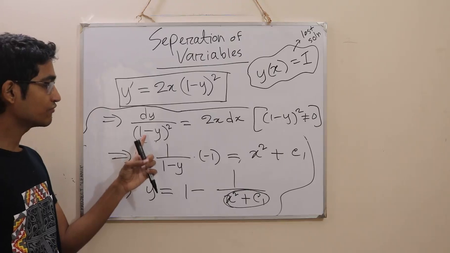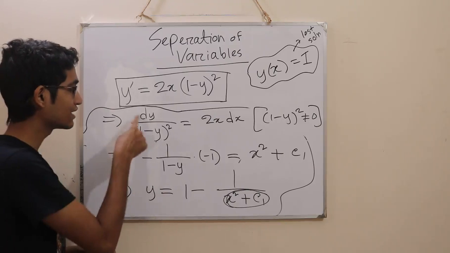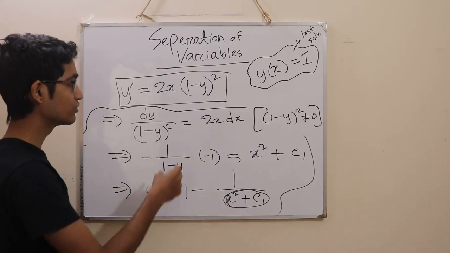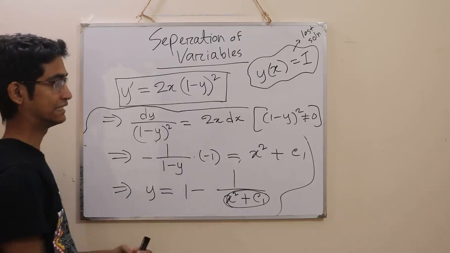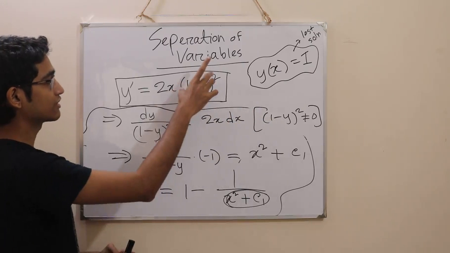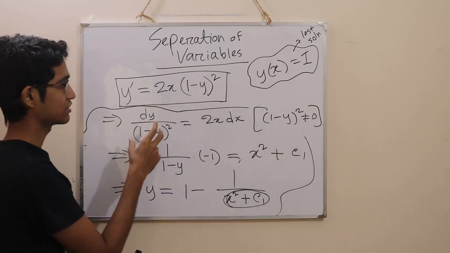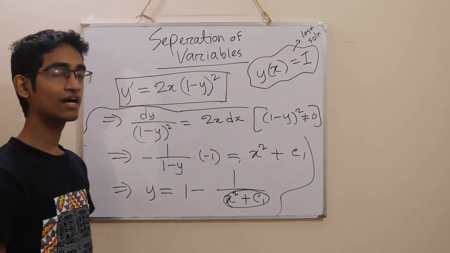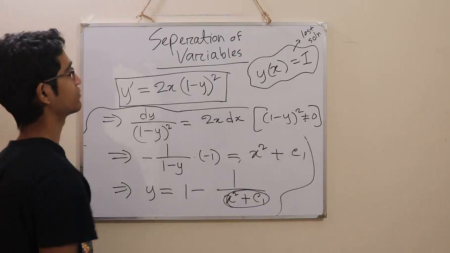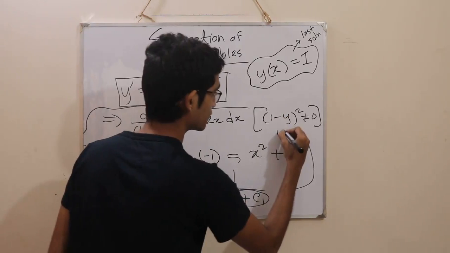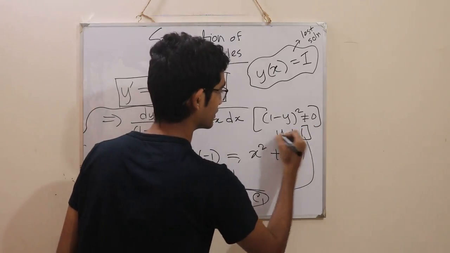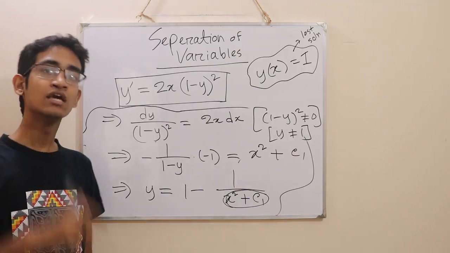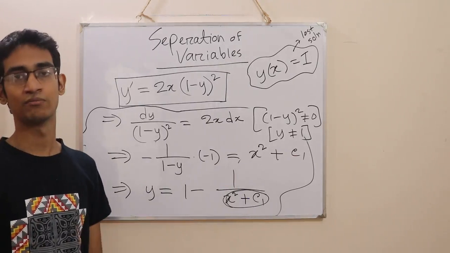If this is 0, we cannot carry out this division, but we are assuming that this is not 0, and that's why we can bring it to this side and divide dy by it. When we are assuming that this is not equal to 0, we are implicitly assuming that y is not equal to 1. Even without knowing, we are making this assumption in our minds.